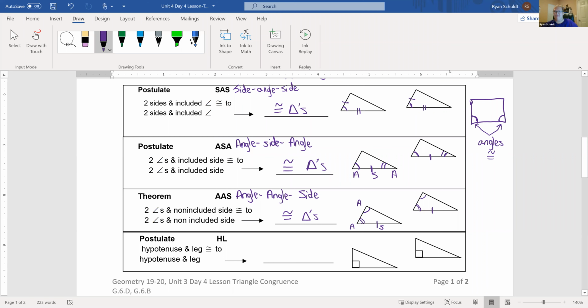Here, the side is in the middle on the angle, side, angle. Angle, angle, side, the side is not in the middle. And then on side, angle, side, the angle is in the middle. So we only have one angle, but it's stuck in the middle.